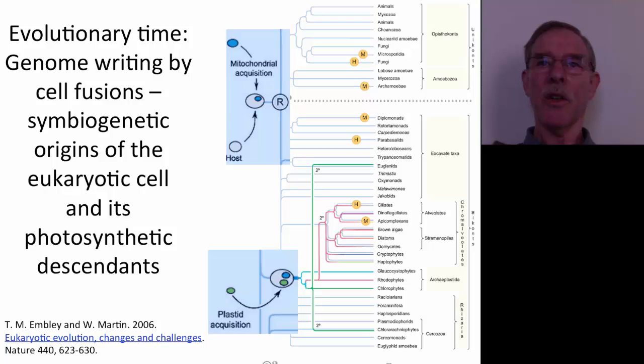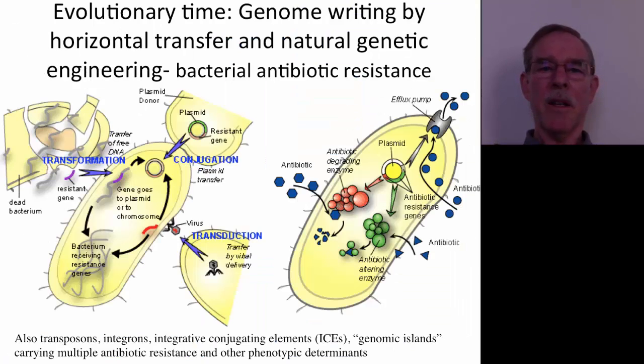And there are also cases of endosymbiogenesis in prokaryotes as well. Now, over evolutionary time, we know from the study of antibiotic resistance in bacteria, for example, that genomes can be rewritten by horizontal DNA transfer and by cells acquiring DNA from other cells.